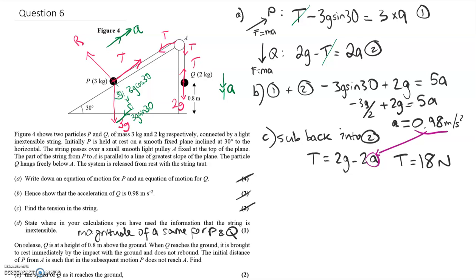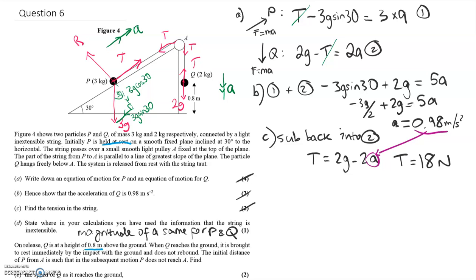Right, now they often with these pulley questions put something involving suvat, and you can tell that here because you've got these bits of information that you've not used yet. You've got height of 0.8 meters above the ground. You were told that it was initially held at rest.